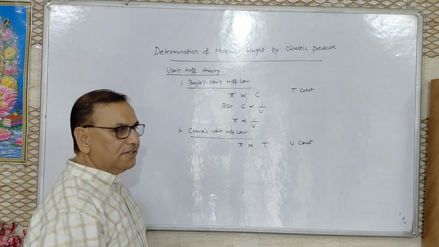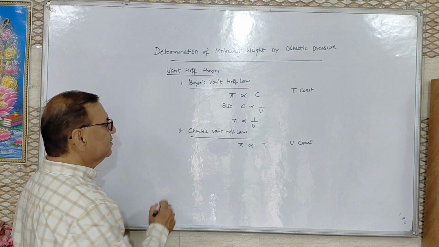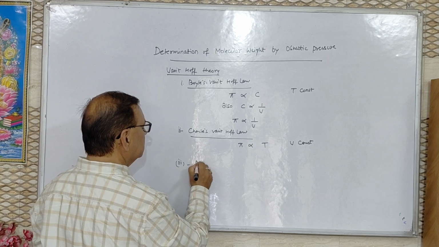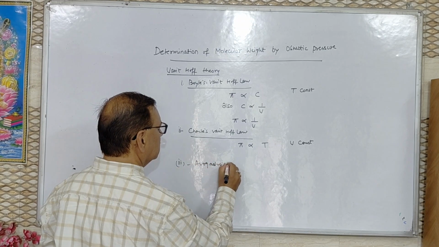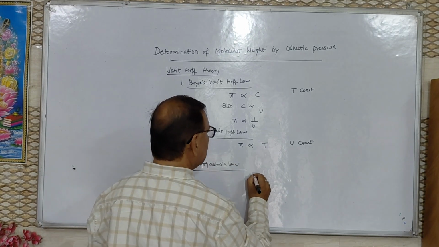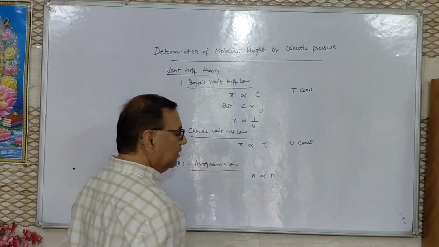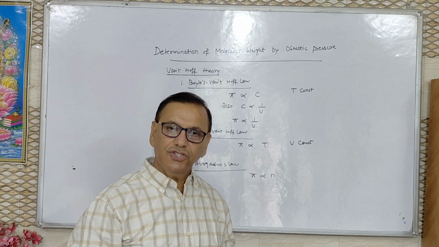In the third part, I am explaining Avogadro's law, that osmotic pressure is directly proportional to the number of the particles present in the solution.